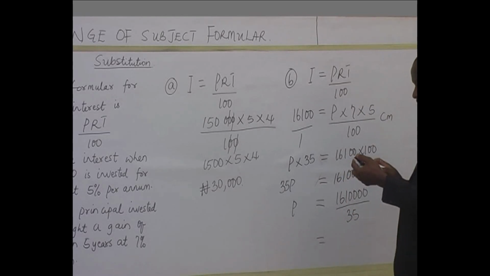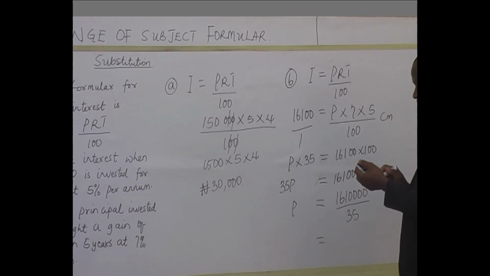Your calculator, 1, 6, 1, 0, 0, 0, 0 divided by 35.